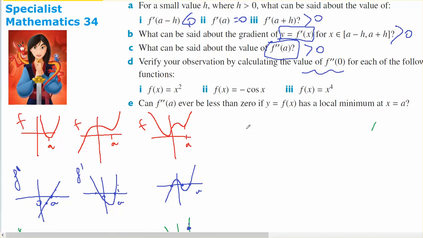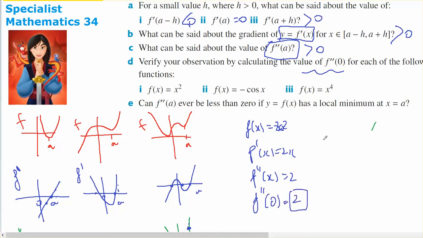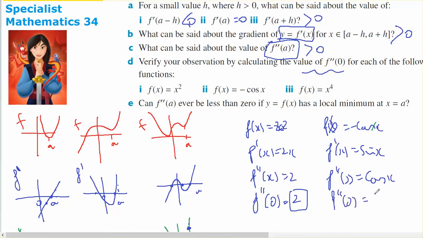Okay, so if f of x equals x squared, f dash equals 2x, f dash dash of x equals 2, therefore f dash dash of 0 equals 2. If f dash of x equals negative cos of x, then f dash dash equals the sine of x, therefore f dash dash equals the cos of x, and cos of 0 equals 1.